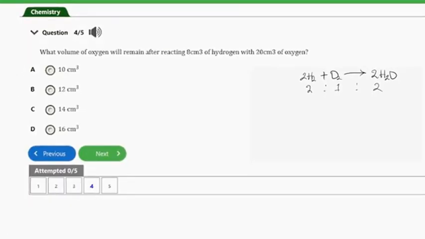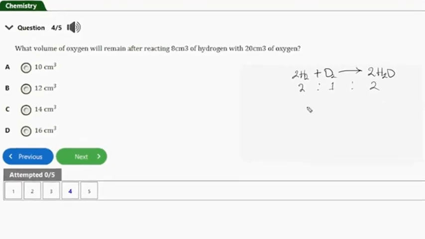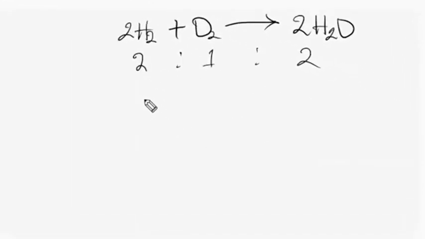Having known this, we said what volume of oxygen will remain after reacting 8 cm cube of hydrogen with 20 cm cube of oxygen. So guys, we are simply going to write this down here. 8 cm cube of this will require, since this is in the ratio 2:1, half of this. So half of 8 is 4 cm cube here, and then this will be 8 cm cube.